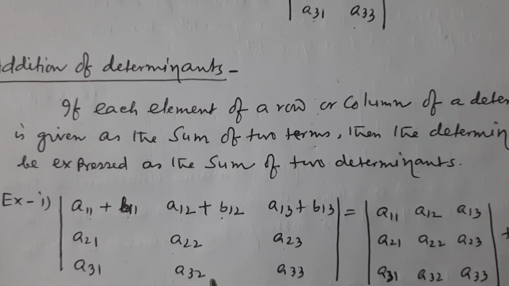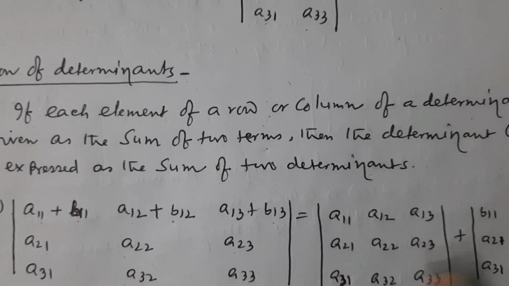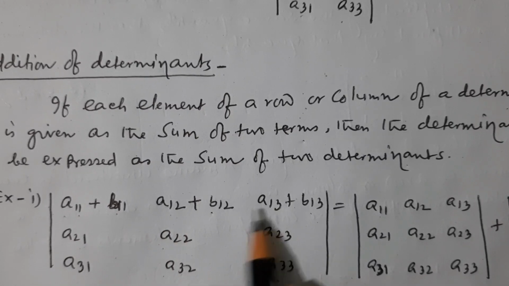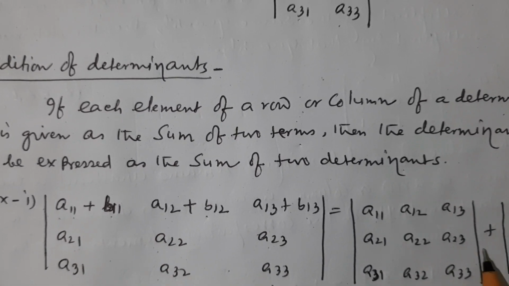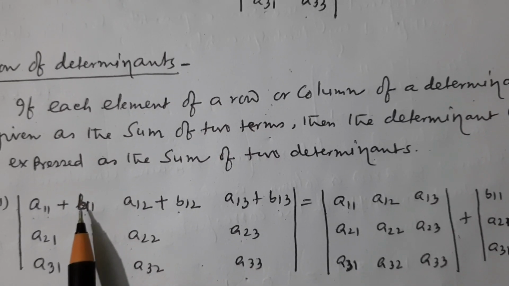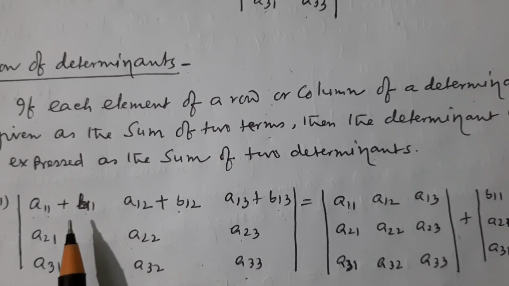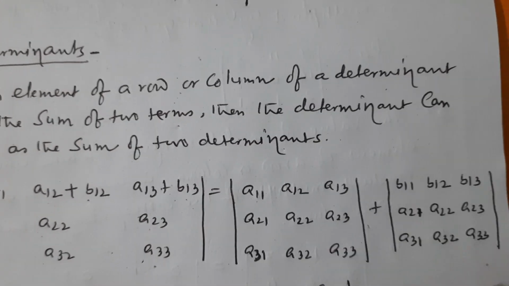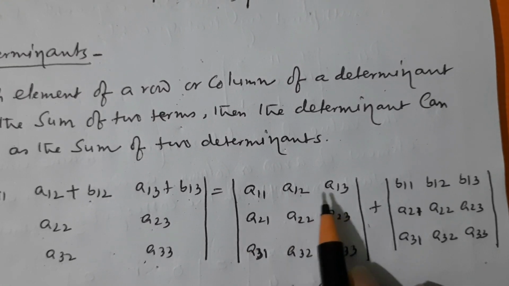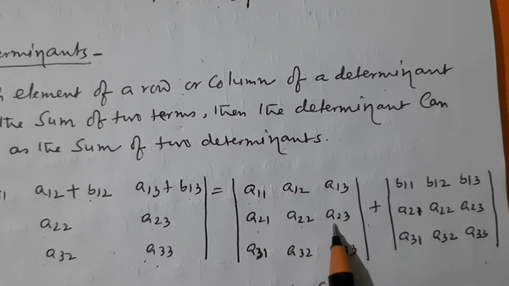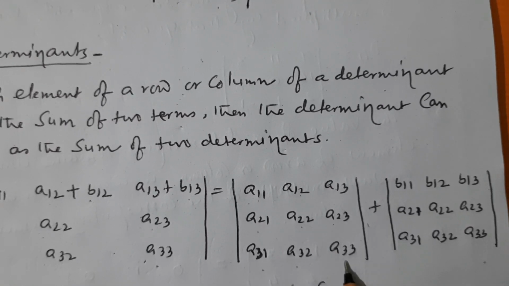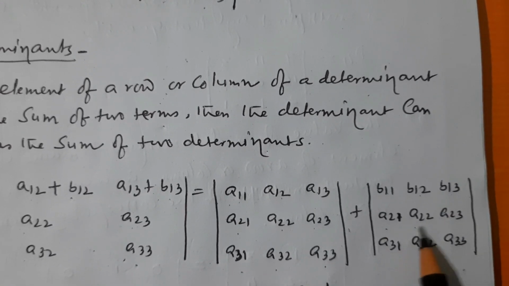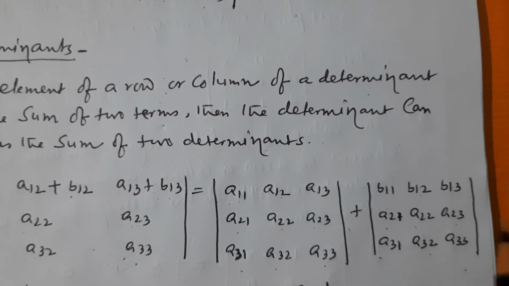This can be expressed as the sum of two determinants. The first determinant has first row a11, a12, a13, and the second and third rows are unchanged. In the second determinant, the first row is b11, b12, b13, and the second and third rows are unchanged. So this can be written as the determinant a11, a12, a13, a21, a22, a23, a31, a32, a33 plus the determinant b11, b12, b13, a21, a22, a23, a31, a32, a33.